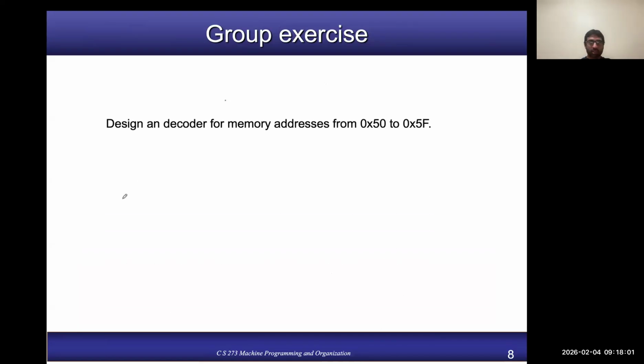Okay, now let's do this exercise and you have 2 minutes. Actually, let's have 1 minute. Okay. So design an address decoder for the range 0x50 to 0x5f.